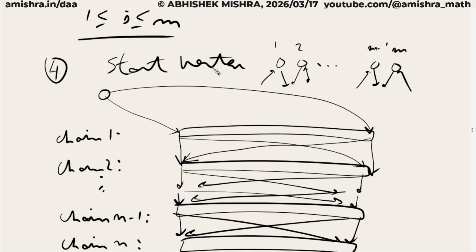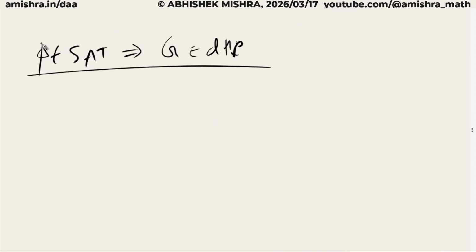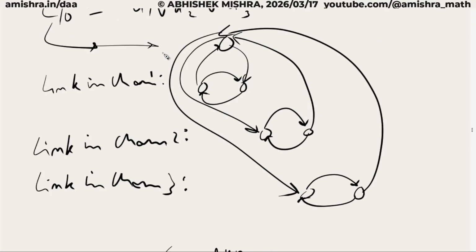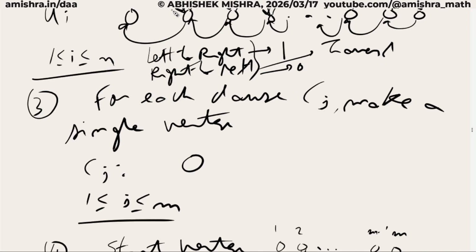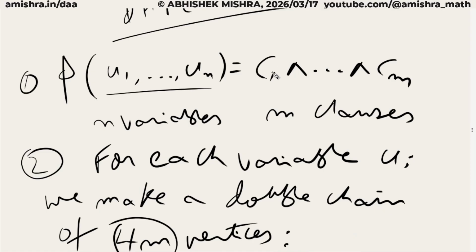So just see that our formula is satisfiable. Satisfiable means that if we see the clauses, for each clause we have at least one literal that is assigned value 1.